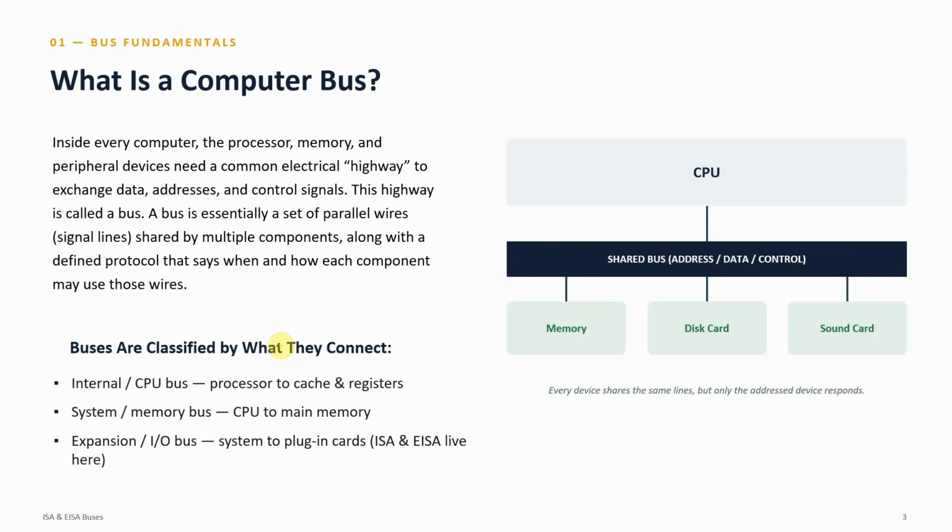Now, what is a computer bus architecture? Every computer is going to have some kind of CPU, processor, memory, and peripheral devices. If I want to transfer data, let's say from the CPU to memory, or from any external card to my CPU, it may be a graphics card, a sound card, an Ethernet controller card, any external device, I am not going to have dedicated buses for each and every device. Every device is going to share a common bus.